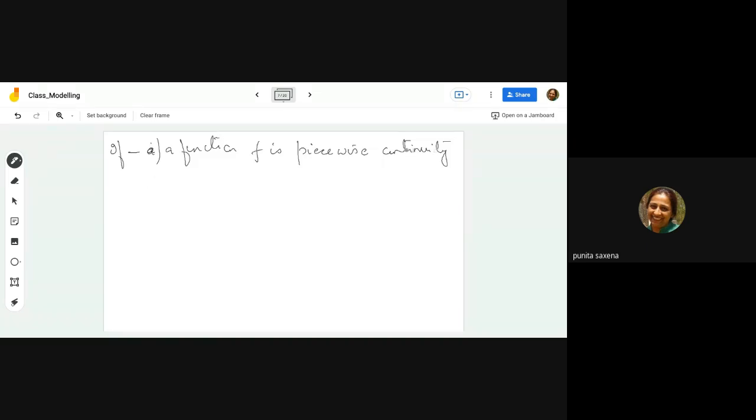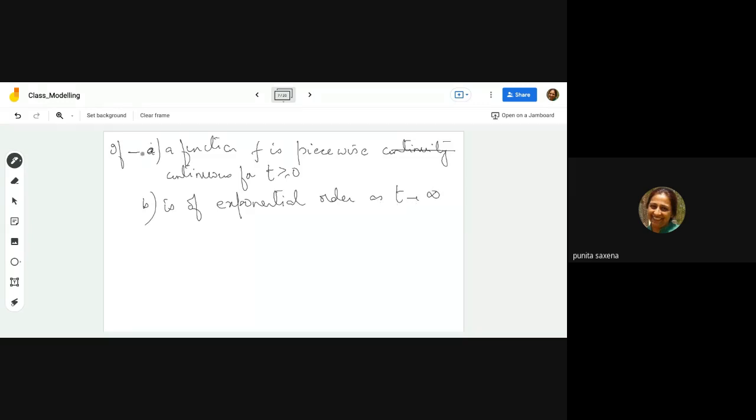Number 1, a function f is piecewise continuous for t more than or equal to 0. Secondly, f is of exponential order. The order can be anything, the order is alpha basically, as t approaches infinity.